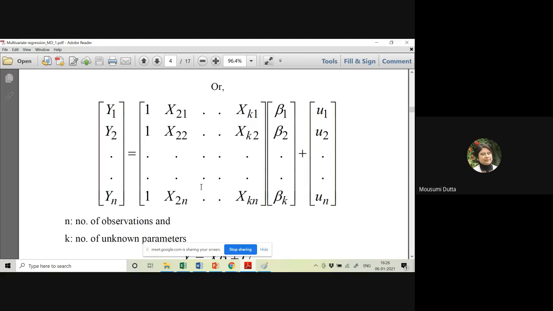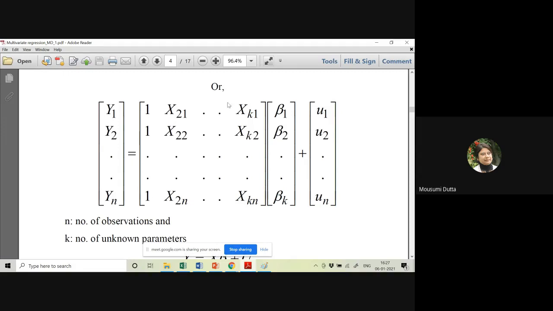I'm finding that the number of rows is simply n, because we have n observations. So we have n rows here and we have k number of columns. This is the first column consisting of the values of 1, and this is the second column, and we are moving up to the kth column. Okay, so this is a matrix of order n by k. Everyone, look at the matrix.